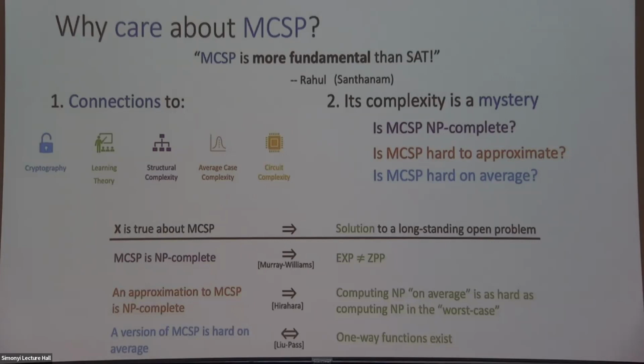Yeah, it's a great question. What's the relationship between SZK and MCSP? As far as we know, the best hardness result we know for MCSP is that it's hard for SZK. Maybe people don't know what SZK is, sorry. It's a class of languages for which you can get statistical zero knowledge proofs.